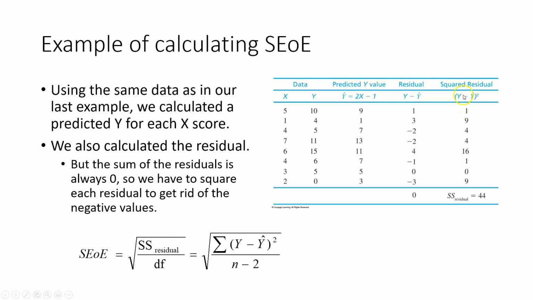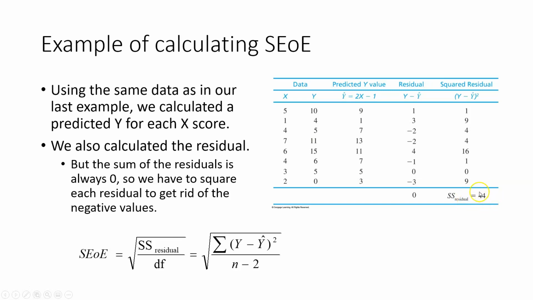So here, if you square them, each one of these, 1 squared is 1, 3 squared is 9, negative 2 squared is 4, etc. And then you add them up, then you get the sum of squares residual. That's the sum of squares that's unaccounted for, that's error, how far off our prediction is, how much variability there is because we're off. And that comes to 44.